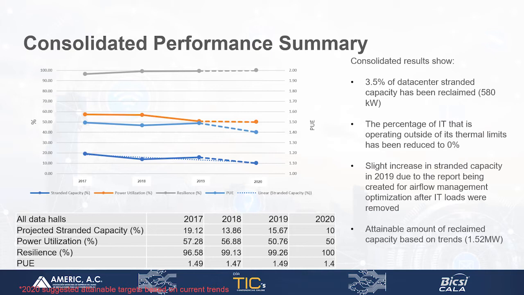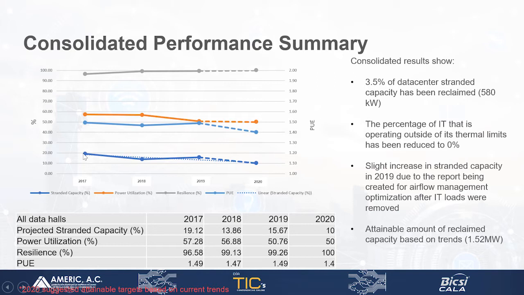And what we see in the performance trends is a positive trend in terms of reducing stranded capacity overall from 2017 through what they expect to achieve by the end of 2020.